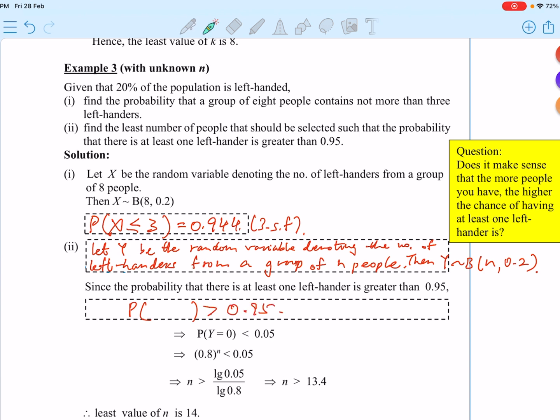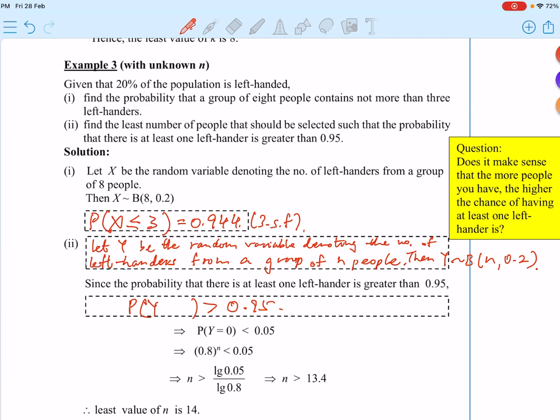How do you fill in the bracket then? There is at least one left-hander. Your X, or rather in this case Y, is counting the number of left-handers. You want at least one, so this will be Y greater than or equal to 1.